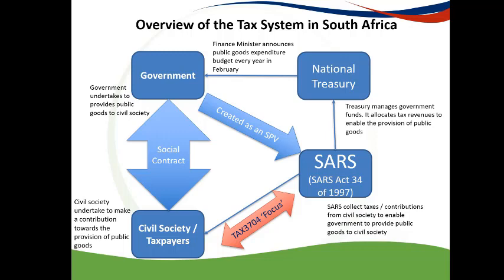One of the stakeholders is the government. We also have civil society or ordinary taxpayers. The relation between these two stakeholders is governed by what we call a social contract. In terms of this social contract, the government will make an undertaking to provide public goods and services to the civil society or to the citizens of the country.